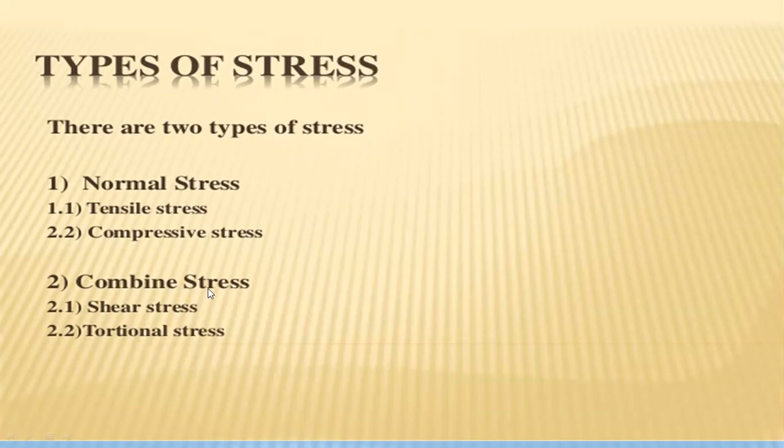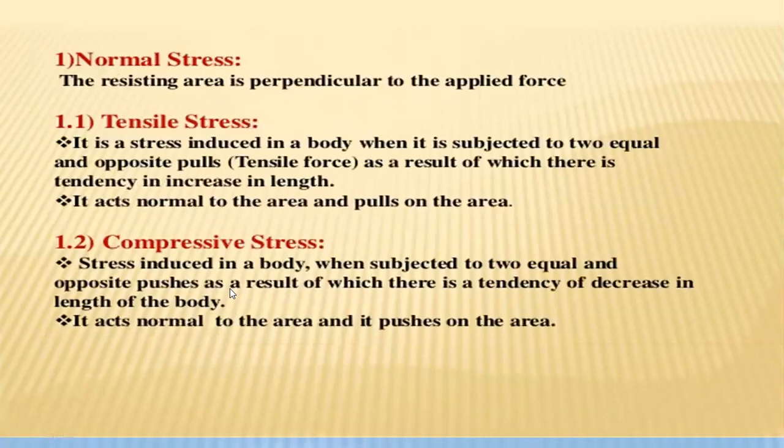What is tensile stress? In normal stresses, the resisting area is perpendicular to the applied force. Whenever we apply stress on a particular body, object or component, that stress is perpendicular to that area.